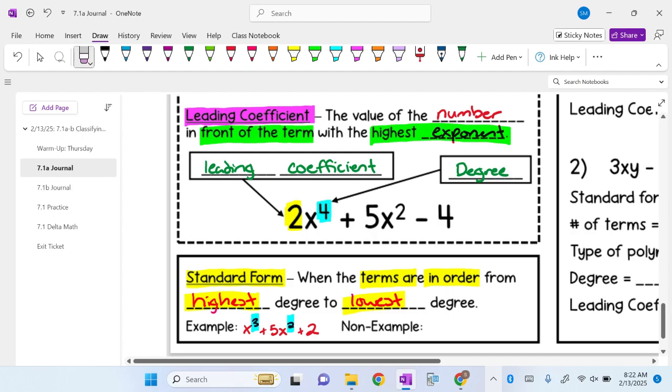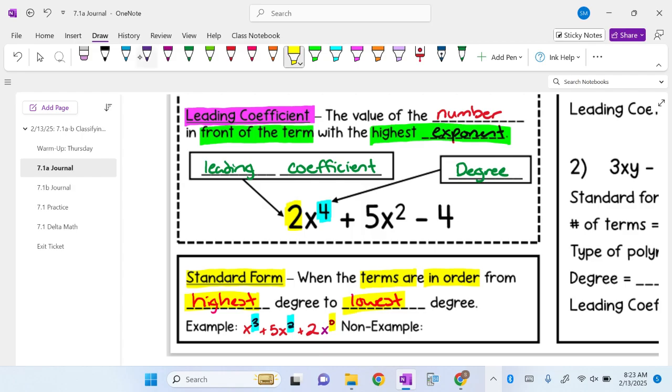And what exponent is connected to that x to make it just 2? 0. So this has an invisible x to the 0 power. So if you see a constant, it has an invisible x to the 0 power. Now, if you just had flat out x, that would be the exponent of 1.